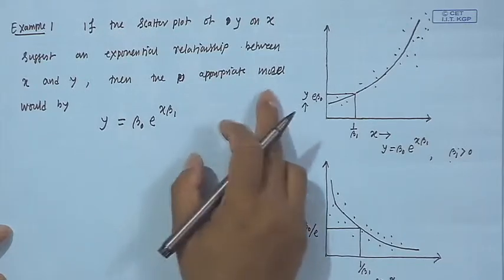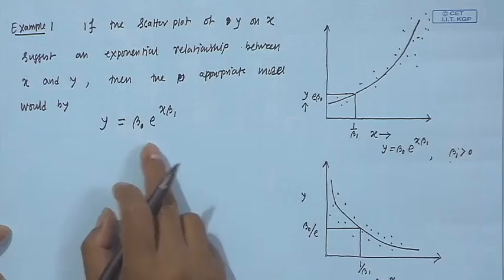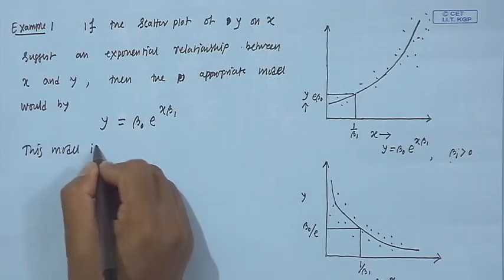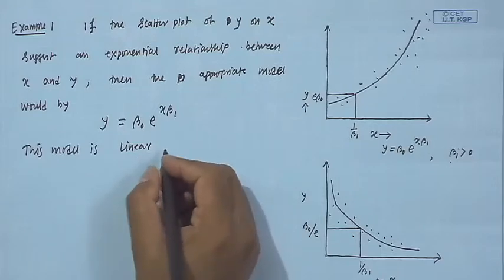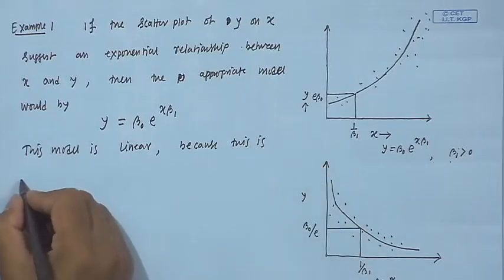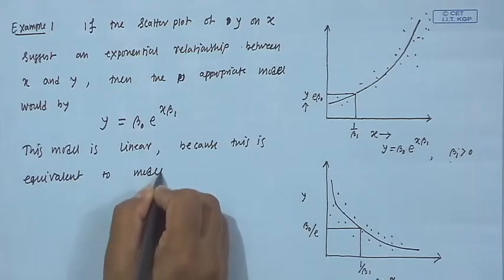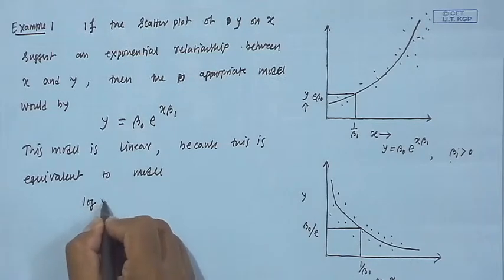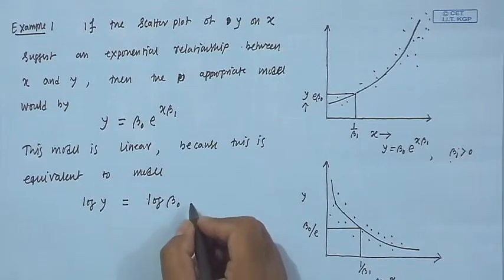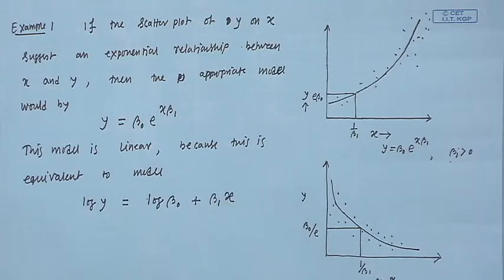And if the relationship between y and x is exponential, then this model is in fact linear, because this is equivalent to the model log y equal to log beta naught plus beta 1 x. Okay.